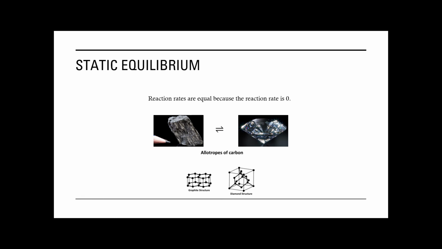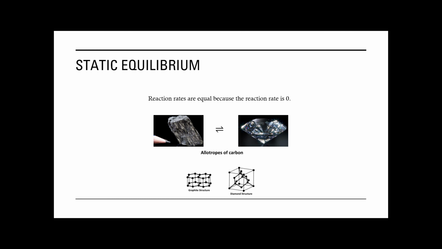I will note as well that generally speaking, a lot of these reaction conditions that are highlighted up above still sort of need to be met. We're usually still working in a closed system. So the example that you might see thrown around is that carbon as graphite can turn into carbon as diamond and vice versa as well.